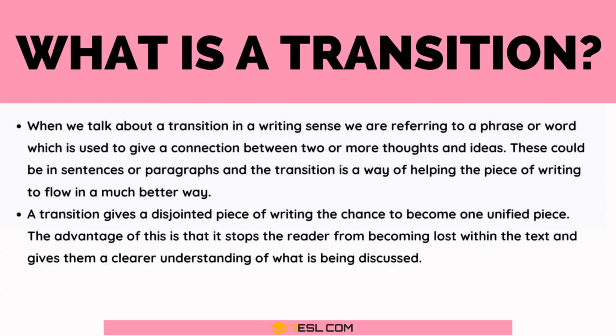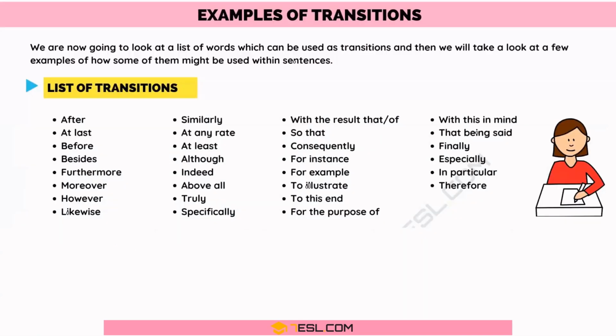Wait, I was reading about this, now I'm reading about this. What happened? I don't see any change. That's what transition does. In writing, you can smoothly go from one thought or idea to another. And what can you use for this? Here are some examples. Take a look.